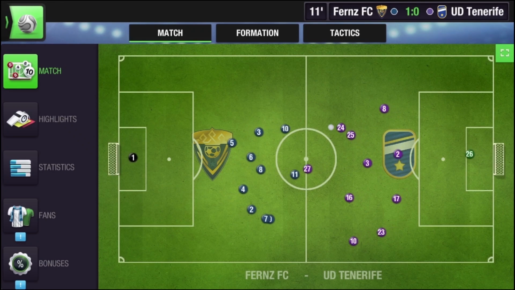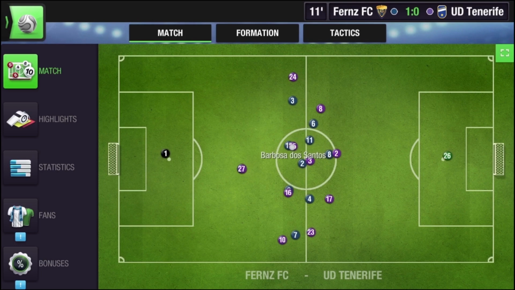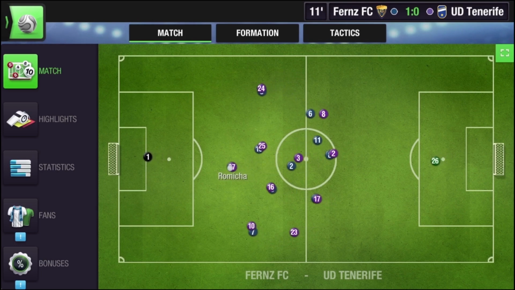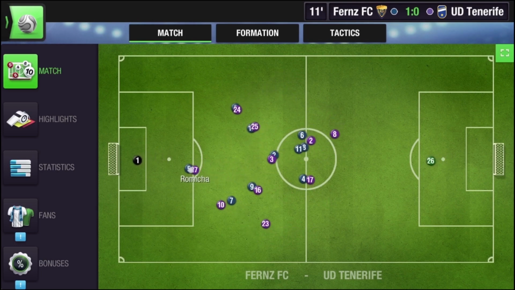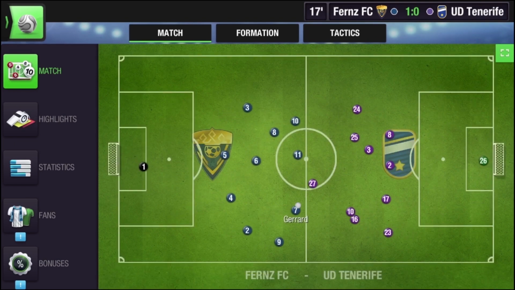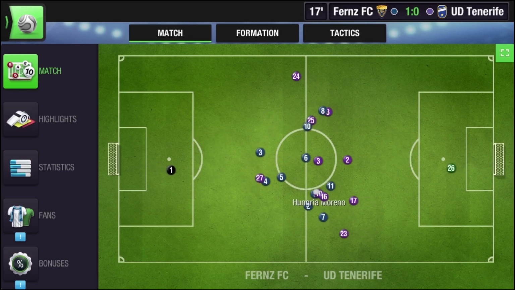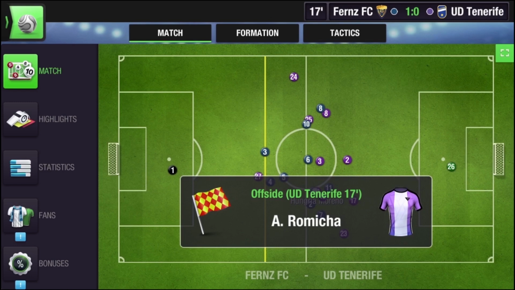The defender who is supposed to mark, I want the other defender to mark the striker, because number 5 is not that good. Oh man, he's going to score. I think I should shift that, I should swap the defender. Offside.